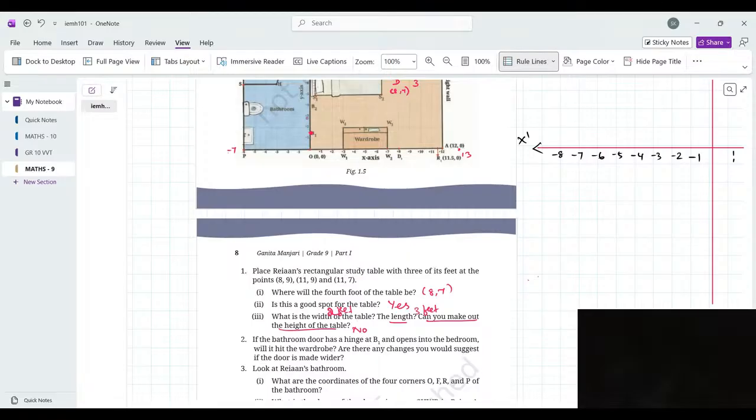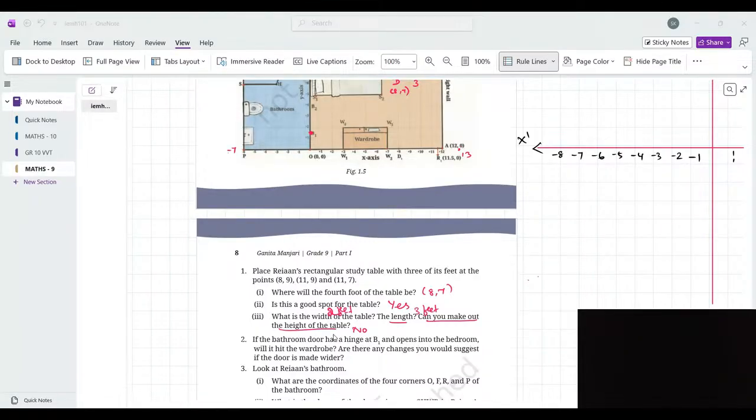A hinge is basically a piece of metal that joins two sides of the door or a closed object.